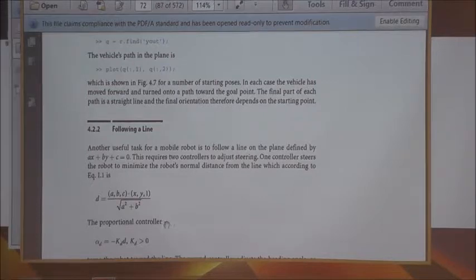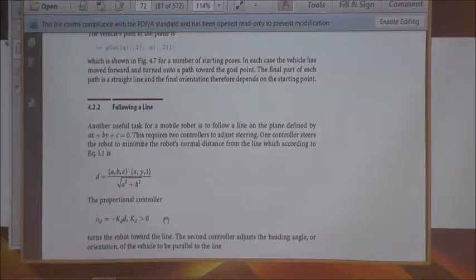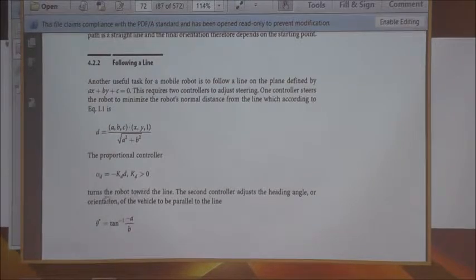The proportional controller is going to be alpha d equals minus kd times d. So this is a proportional controller to minimize the distance between the robot and the line. When you reach there and join the line, that d becomes what? 0. Okay, it becomes 0. This turns the robot toward the line.